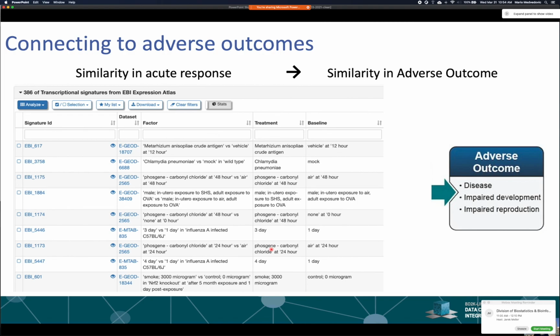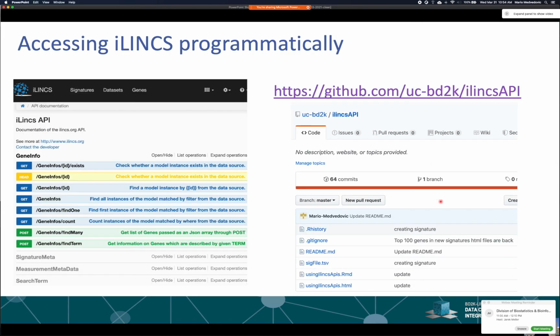This gives us a hypothesis: if we know what the FOS gene does long term to mouse, given the acute inflammation it induces, we can hypothesize that this nanomaterial is going to do the same thing long term. That gets us to perhaps the adverse outcome.